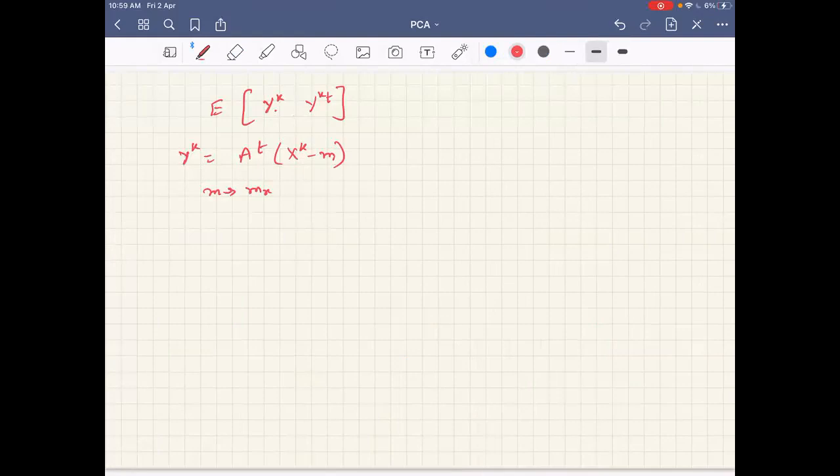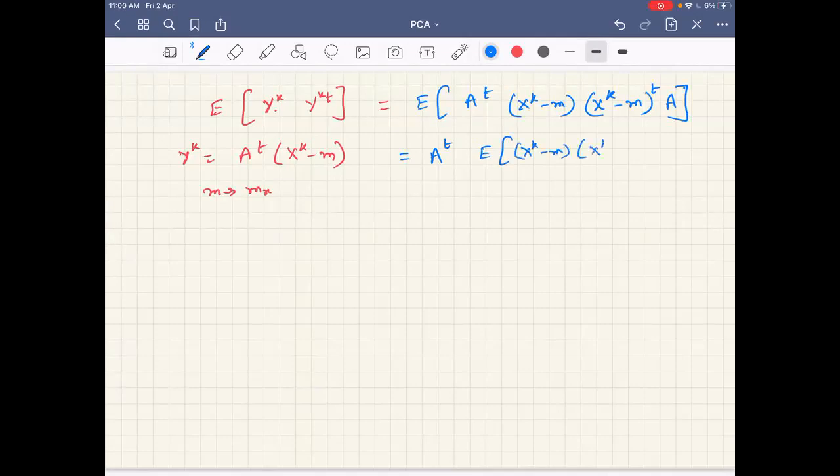Now let us try to expand this. The expectation of A transpose into xk minus m, into y transpose, which is xk minus m whole transpose into A, since the transpose of A transpose is A. Now I can take the expectation inside and A transpose outside, because A is a constant: xk minus m into xk minus m whole transpose, into A. I can take A on this side out too, because it is a constant matrix.